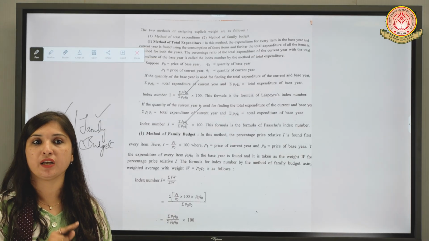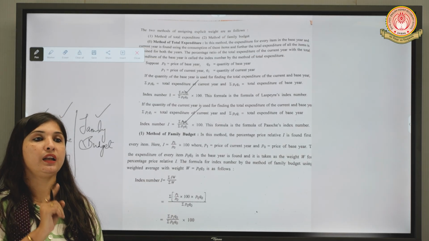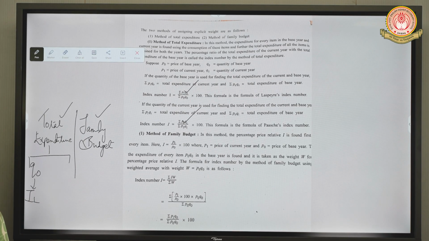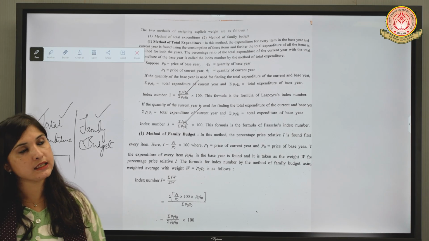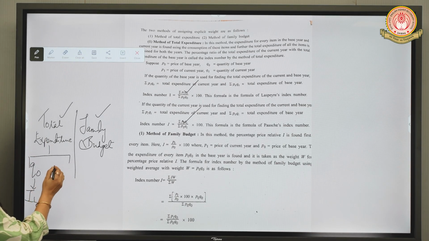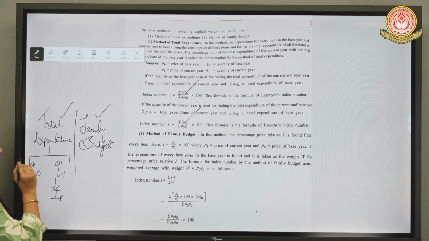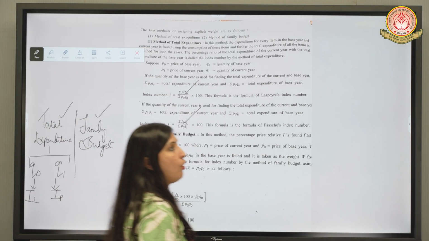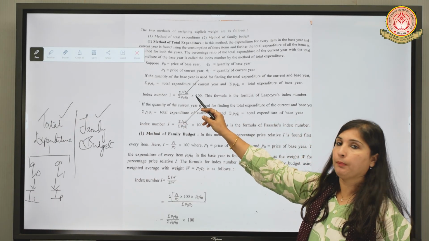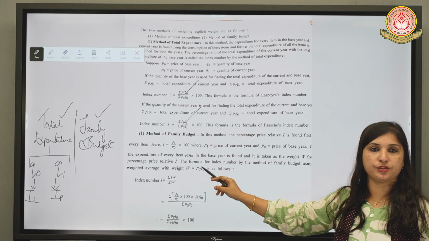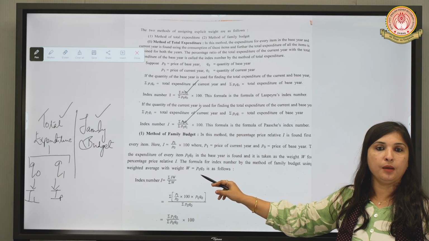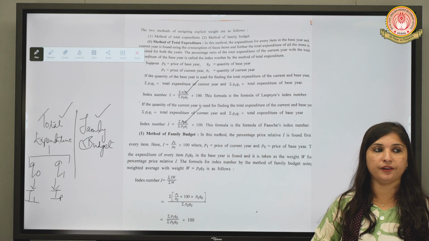Whenever the question is mentioning Q1, that is the quantity of the current year, then the formula that we will use will be Paasche's. So, can you see the formulas over here? Laspeyres is P1Q0 by P0Q0 and Paasche's is P1Q1 by P0Q1.